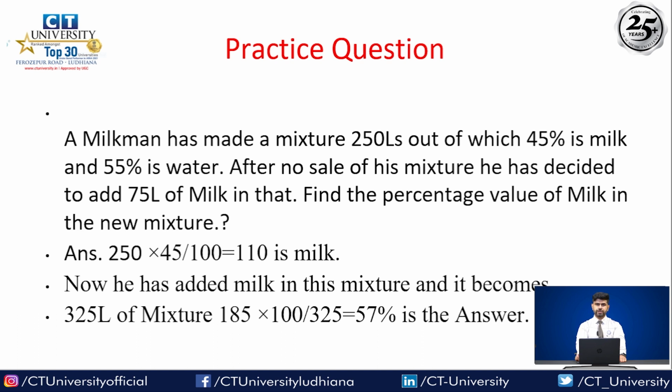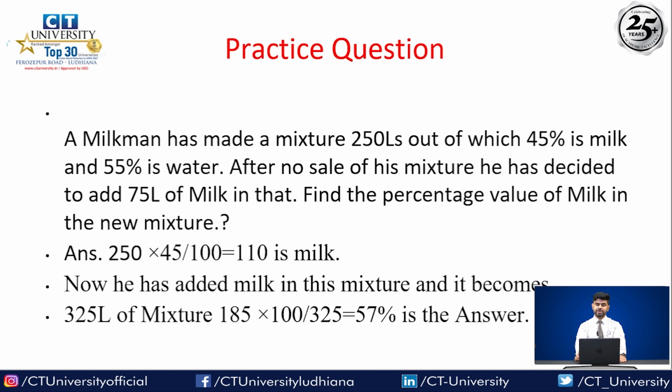250 into 45 over 100 gives 110 liters, which is the milk. Now he has added 75 liters of milk, so 110 plus 75 becomes 185 liters.